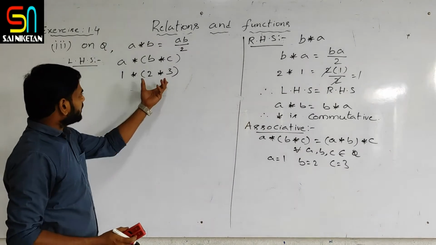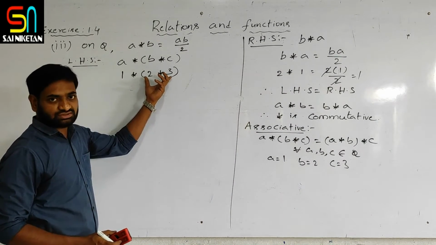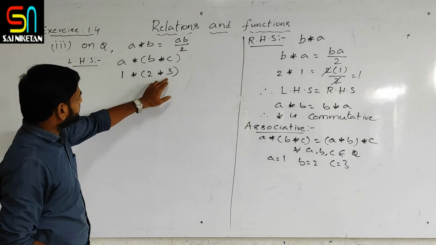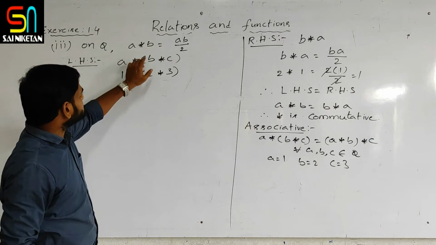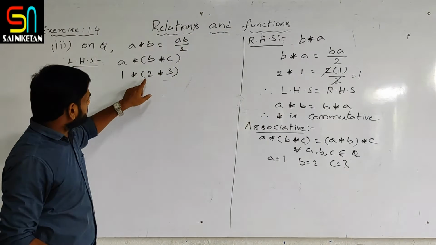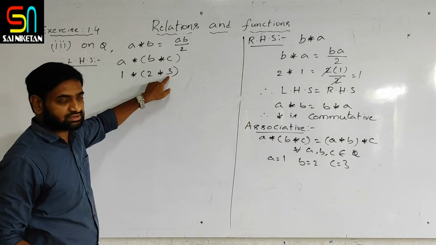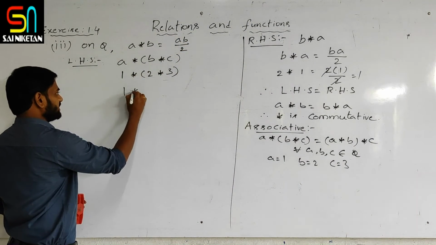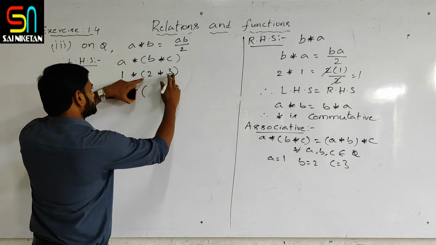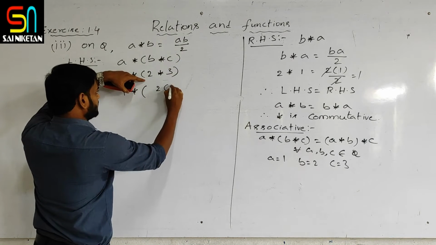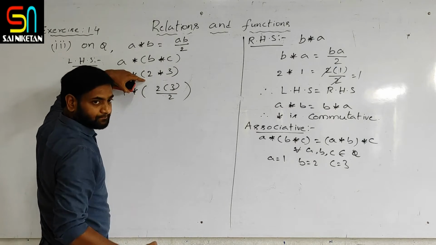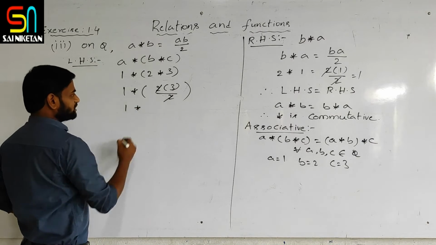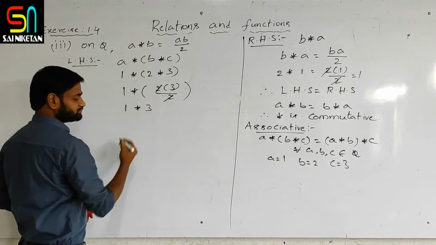First we have to operate the operations within the brackets, that is 2 star 3. So just imagine this A star B means A into B by 2. The same way 2 star 3 means 2 into 3 by 2. Now here 2 to get cancelled. Now the remaining is 1 star, remaining is 3.